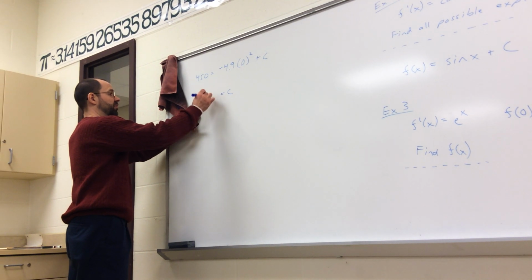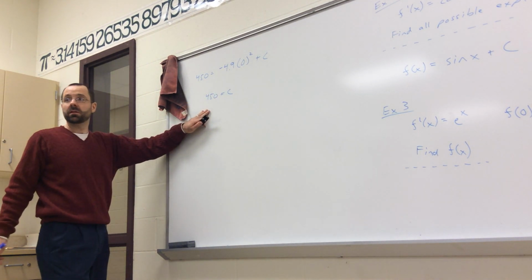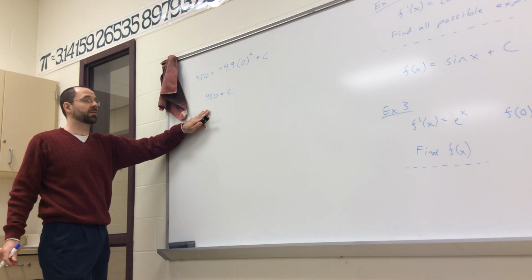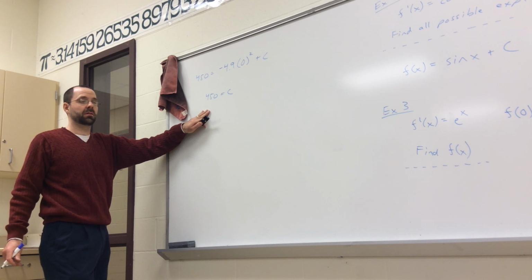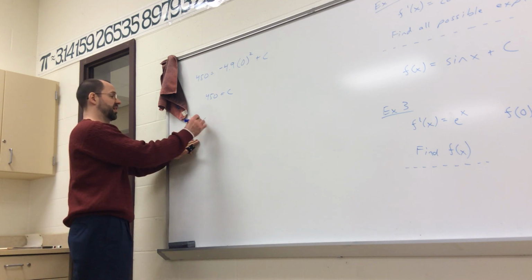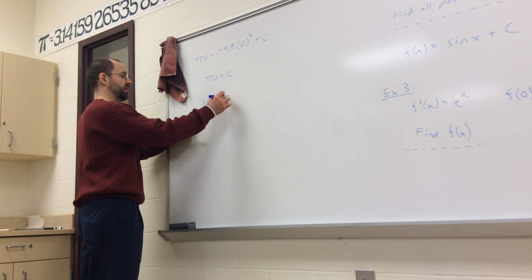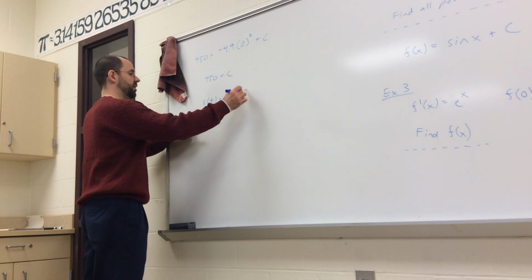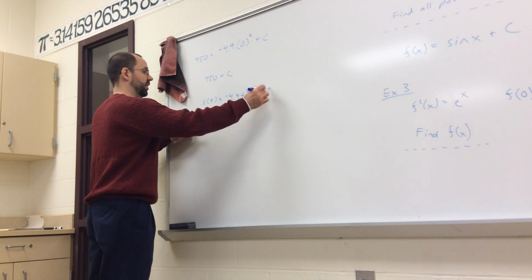So C comes out to 450. So then my solid position equation is negative 4.9 t squared plus 450.